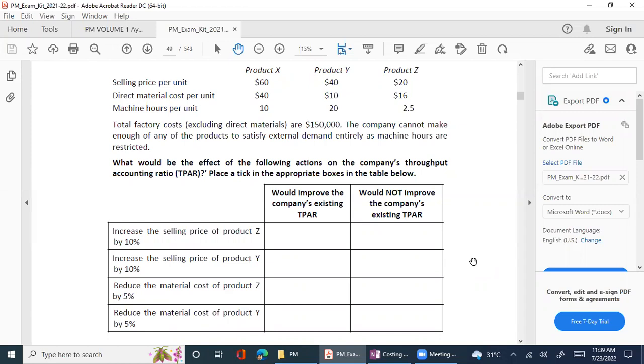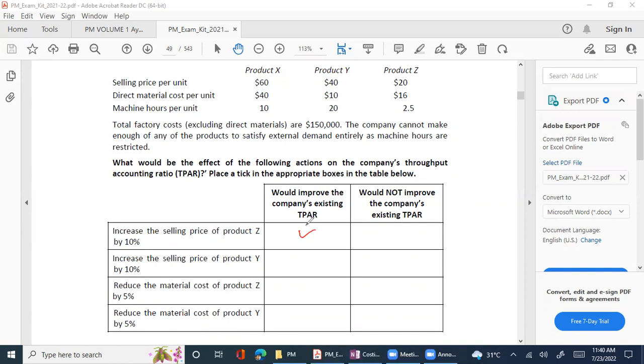We know that if the price is increased, the throughput will be increased, and if the throughput will be increased, the throughput accounting ratio will be improved. So tick it here. So you just need to tick.